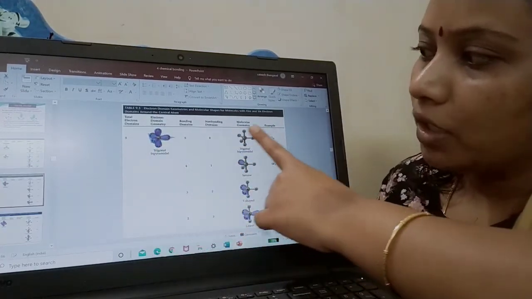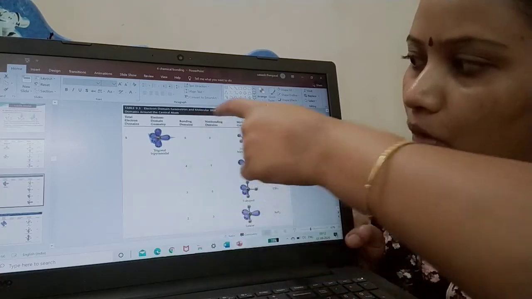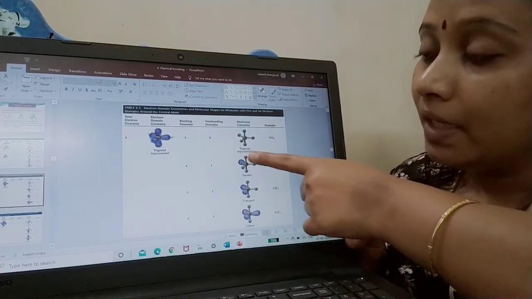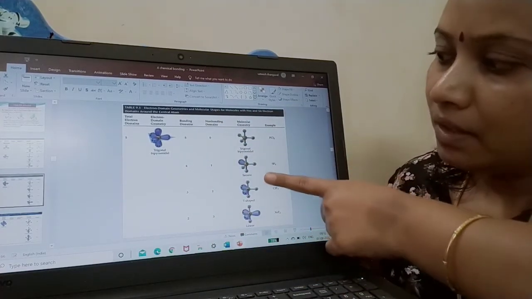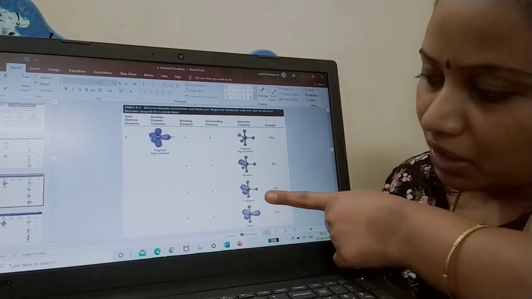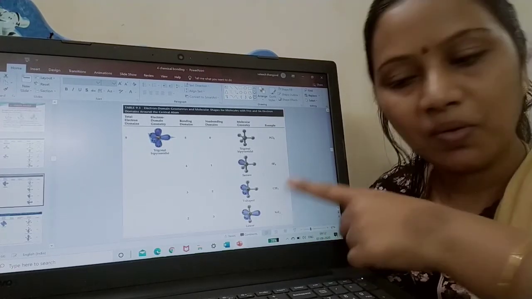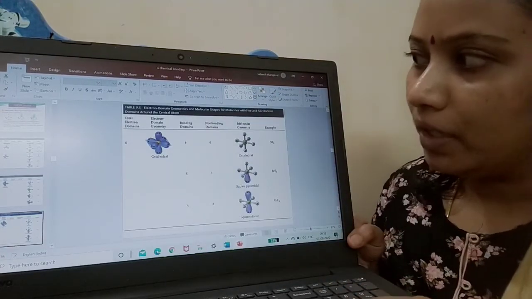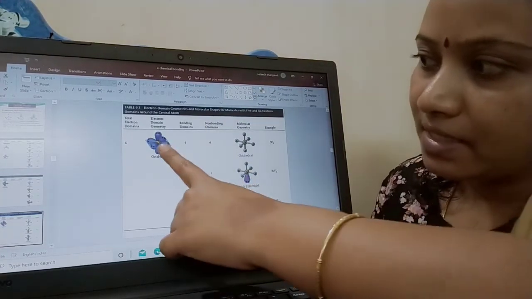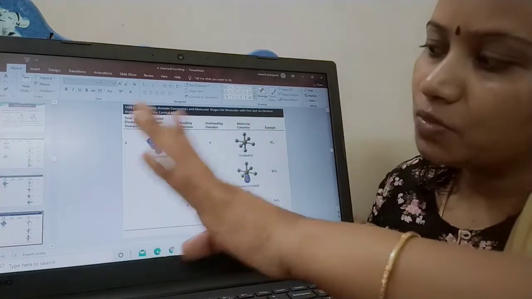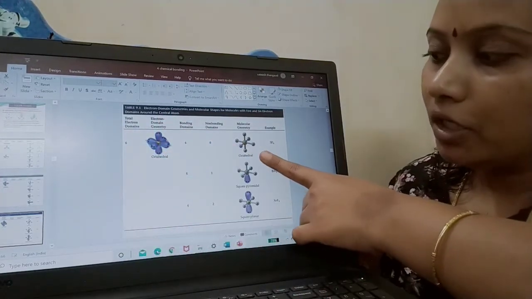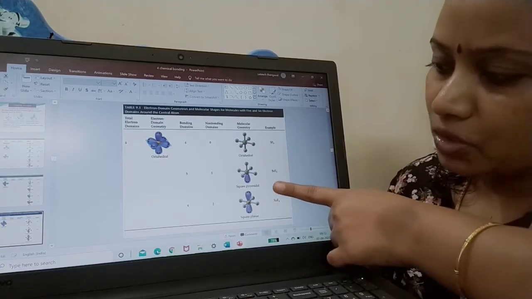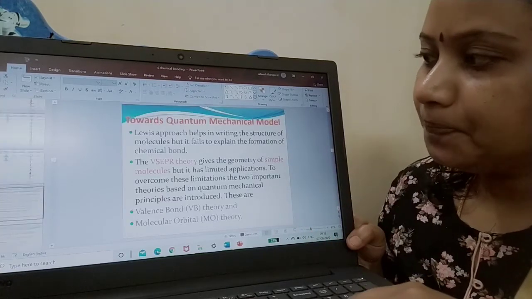What happens to the molecular geometry because of these non-bonding domains? It can be trigonal bipyramidal, it can be seesaw, T-shape or linear. Okay, children. So this is due to the impact of these non-bonding and bonding domains. If it is 6, as per our electron domain theory, it is only octahedral. But in molecular geometry, it can be octahedral, square pyramidal or square planar.